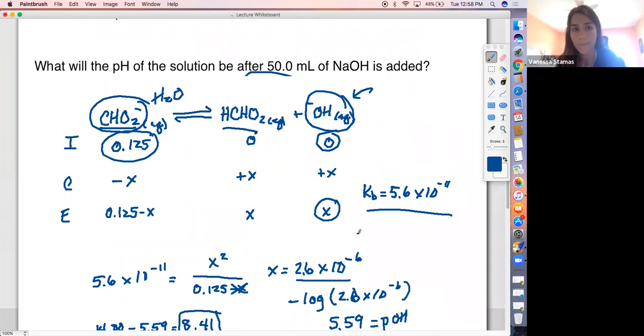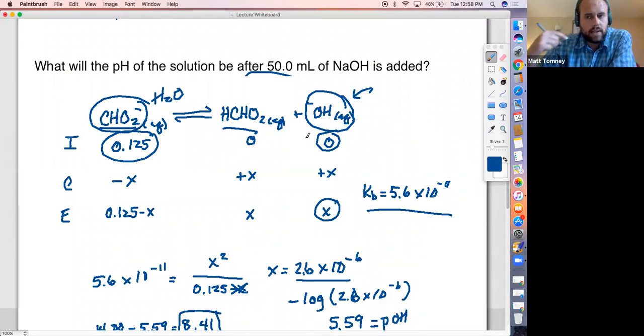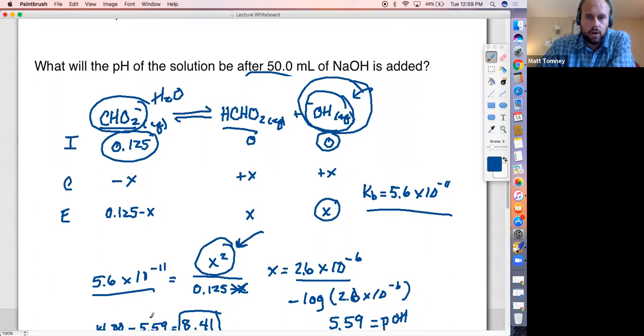This is all important when we get to these quiz questions, you have to understand this logic. If this number is extremely small, and hydroxide is found in the numerator, then these X values are very small, because Kb is very small. So there is very little hydroxide that can be generated by formate because it is such a weak base. Its Kb is 10 to the minus 11th.